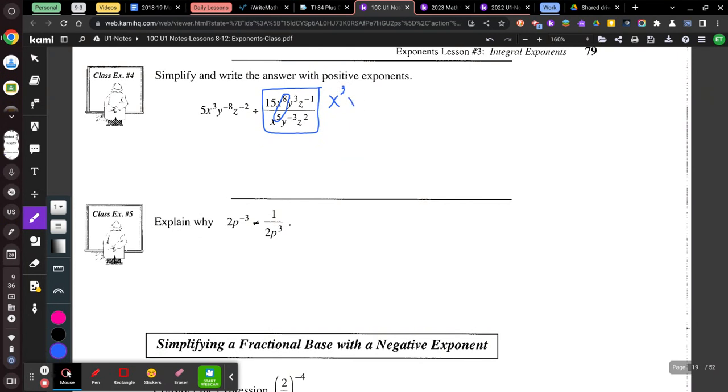My y's are going to subtract: 3 subtract -3 for my y's is going to give me y6. So x3, y6, and now my z's. I've got z -1 subtract 2. So -1 subtract 2 gives me -3. So I've got z -3.